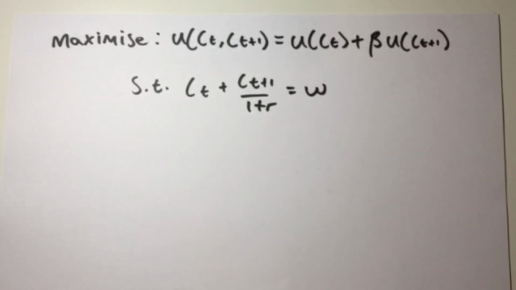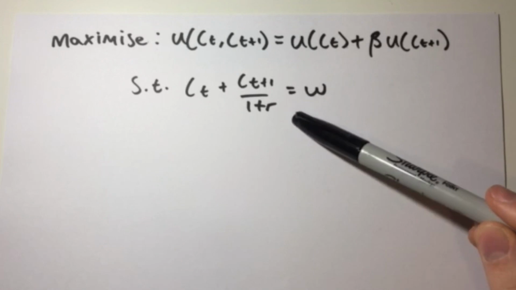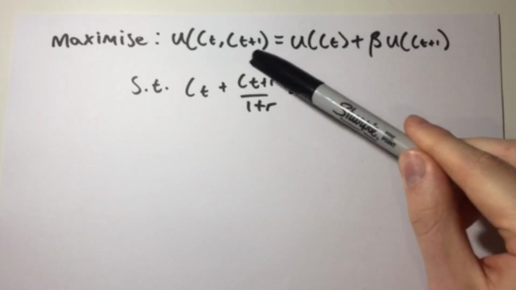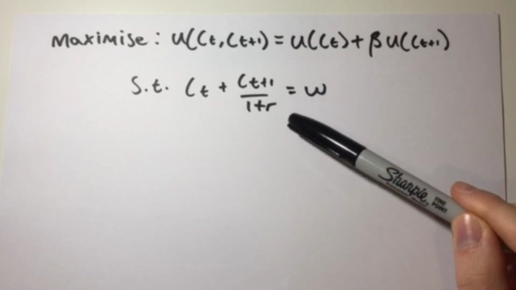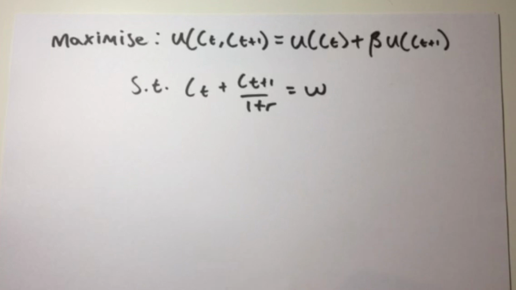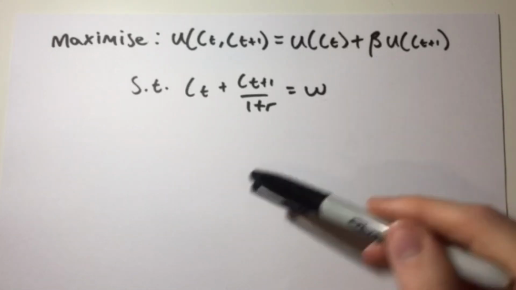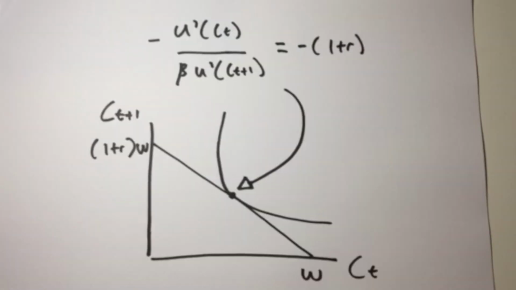So what we need to do now to derive our Euler equation is just some constrained optimization. So we know that we want to maximize this function subject to this constraint here. And we have the slope of the indifference curve derived from this function, and we have the slope of our budget constraint. And we know that when the slope of these two are equal, we have maximized this subject to this.